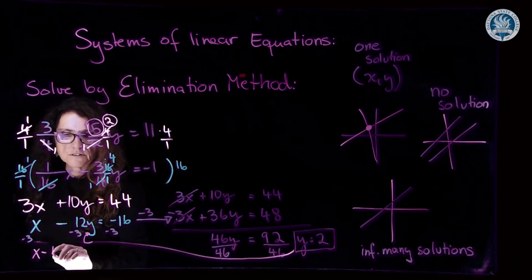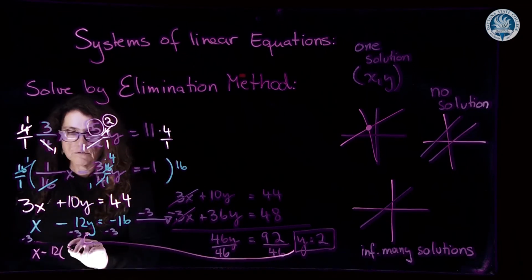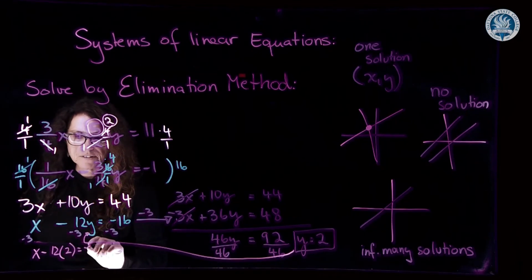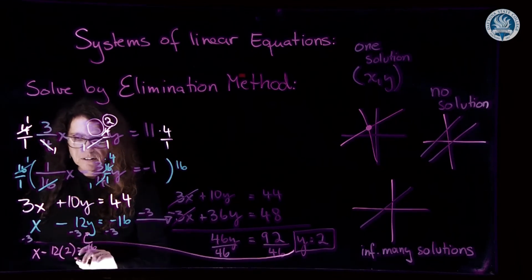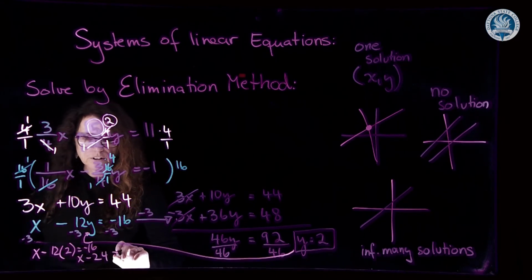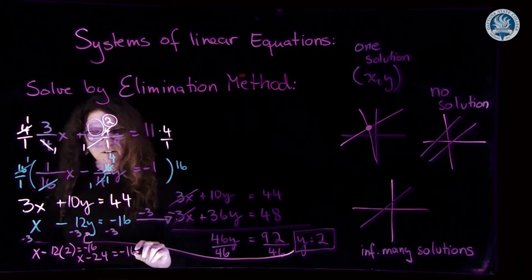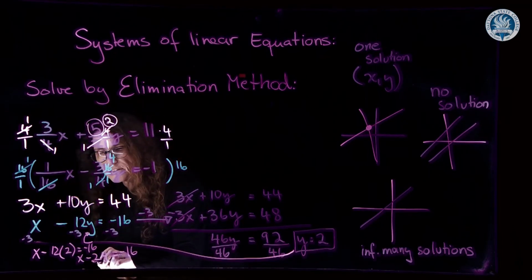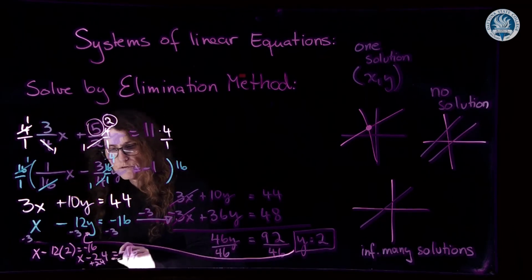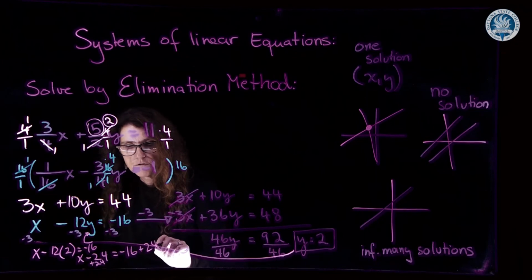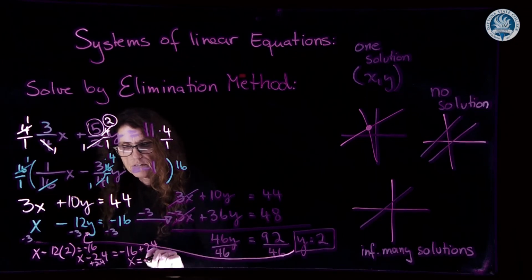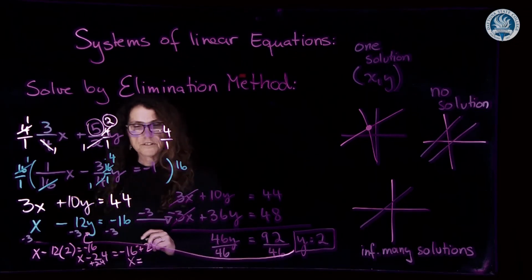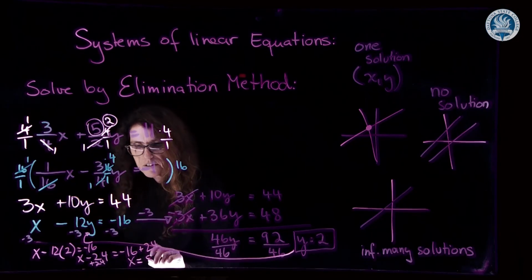X minus 12 times 2 equals negative 16. I have no more room, but I can. X minus 24 equals negative 16. Now to get x by itself, I'm going to add 24 plus 24. X equals negative 16 plus 24 is a positive 8.